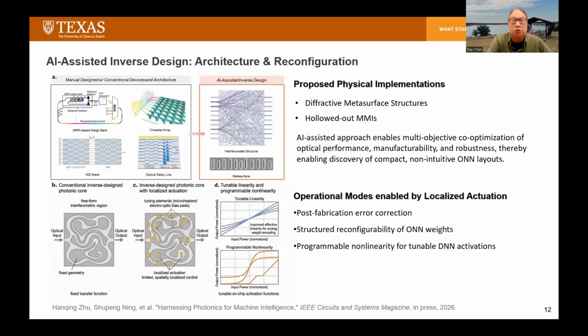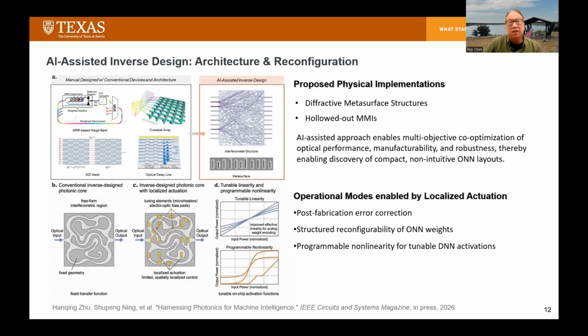Building on this AI-assisted framework, we will explore two specific physical implementations. The first one is the diffractive metasurface structures, where free-form subwavelength elements are arranged to shape the optical wavefront for the target transformations. The second one is the hollow-output MMI, where the air hole pattern inside the multi-mode interferometer, as you can see here, is engineered so that the device directly implements the target matrix operations in a single compact footprint.